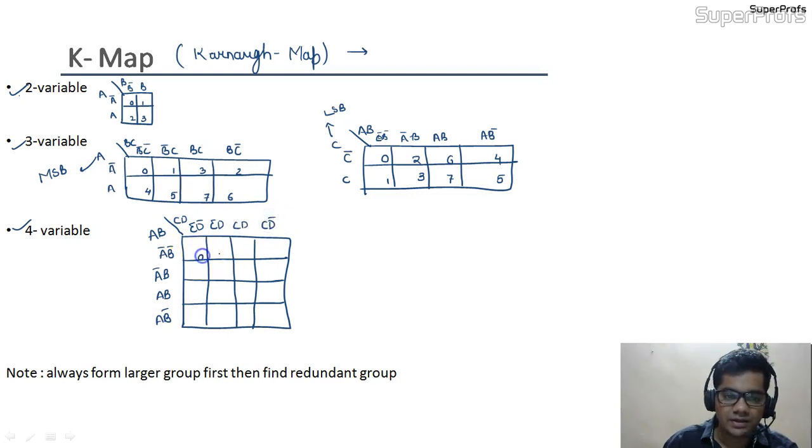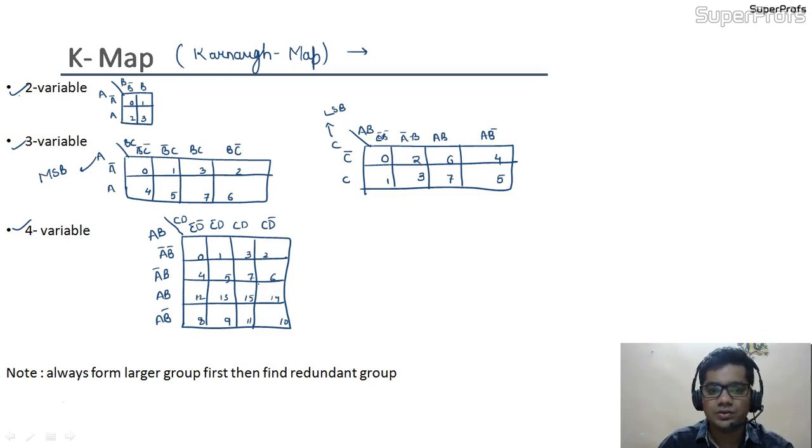So minterms would be 0, 1, 2, 3, 4, 5, 6, 7, 8, 9, 10, 11, 12, 13, 14 and 15. So these are the possible minterms for a 4 variable Kmap.